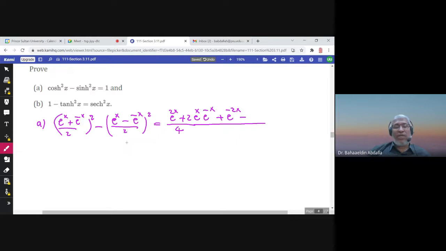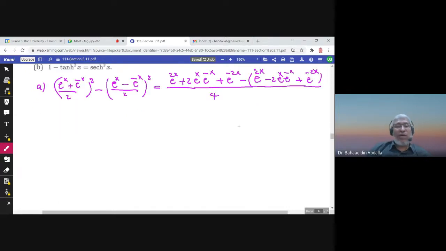And notice that I have also here 4 as a denominator, so I can write both fractions with denominator 4, and I'll keep the minus outside and find the square of these two terms. e to the power x squared is e to the power 2x, and I have minus 2 e to the power x times e to the power negative x, and minus squared plus e to the power negative 2x.